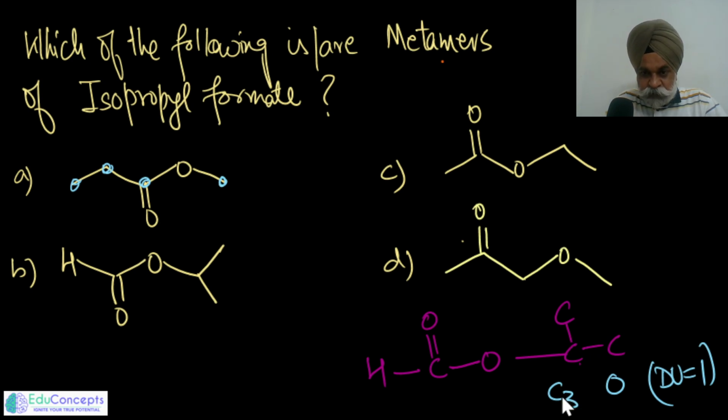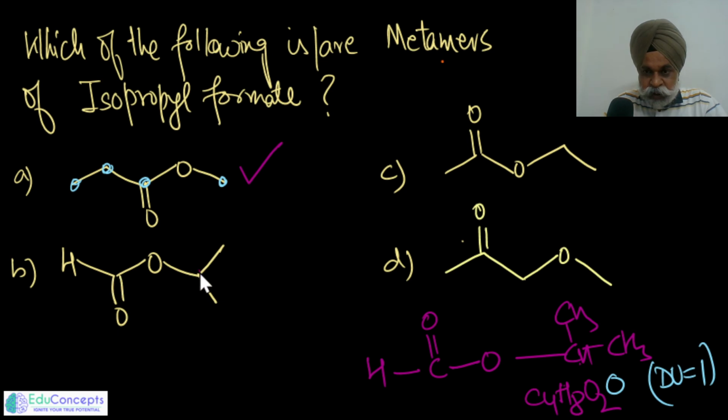Yes, here you have 4 carbons, 3 from the isopropyl, 1 from the carbonyl group. I wrote it wrong. So it is C4. Let me write the hydrogens as well. So this is C4H8O2. So this compound is a metamer, no doubt about it.